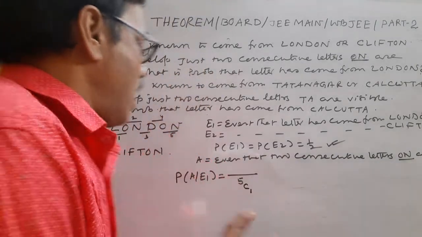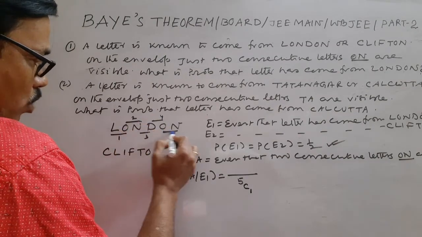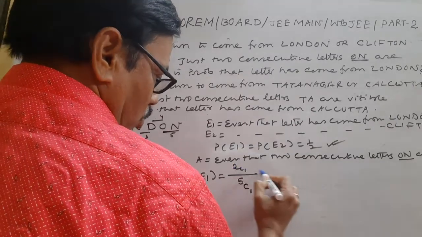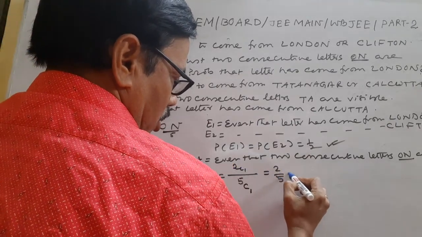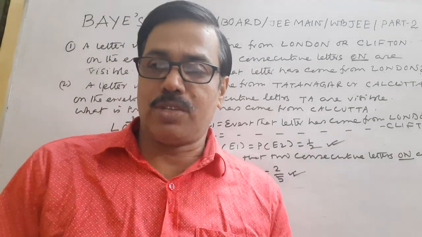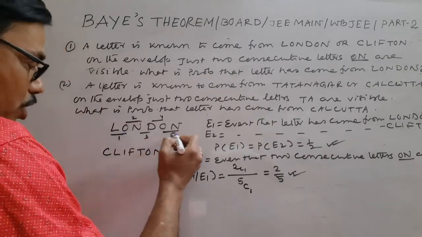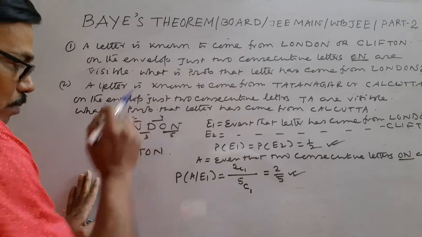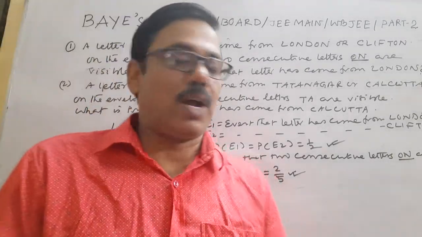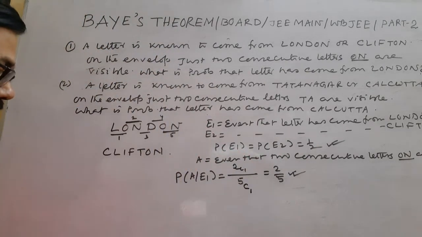And ON is 1 consecutive pair, so 2 favorable cases, 2C1. That is 2 by 5. We can write P(A|E1) is 2 by 5. So this is to be noted. Total number of consecutive letters: 6 letters, so consecutive is 1 less, 5, and 2 ON. Here it is and here it is.